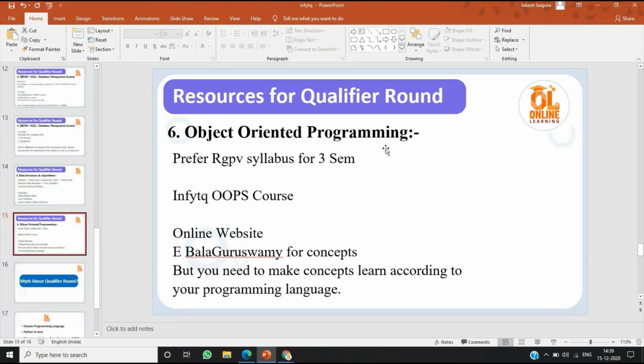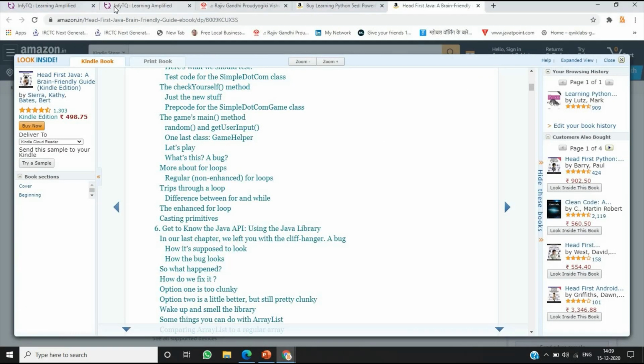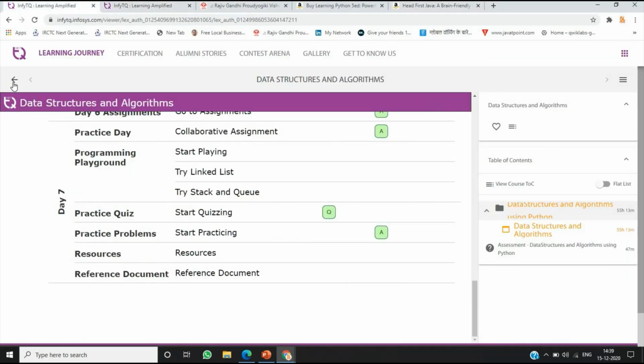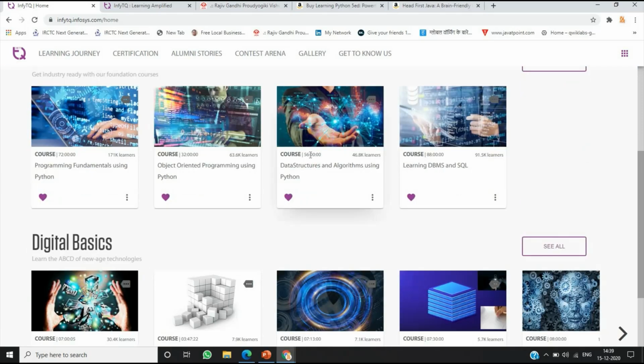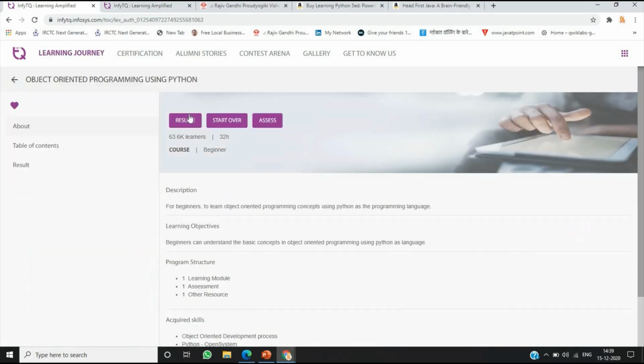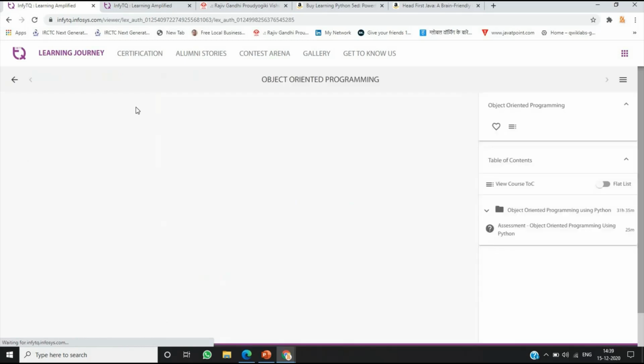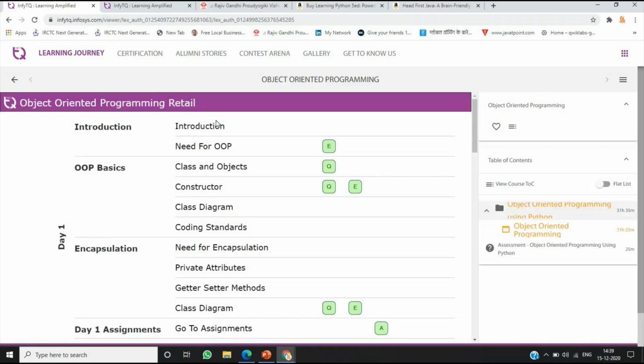For the object-oriented programming section, I also prefer the RGPV syllabus for third sem because it is quite sufficient, and you can see the Infytq object-oriented programming course. As I already said, the Infytq platform course is very sufficient, very essential, very needed, because it will teach you all the courses in a short time. You can complete it day by day.